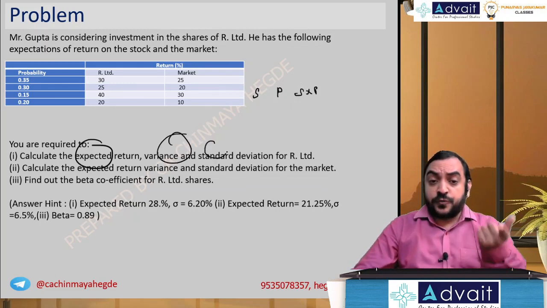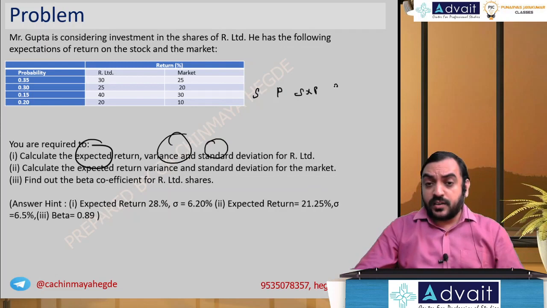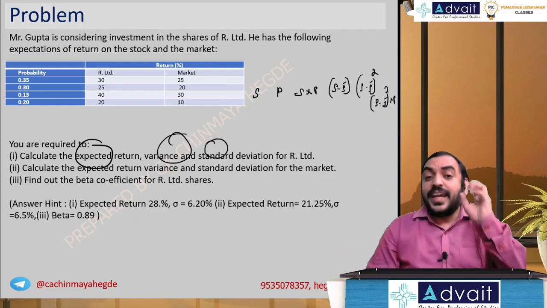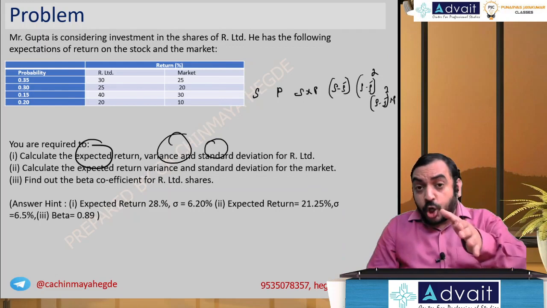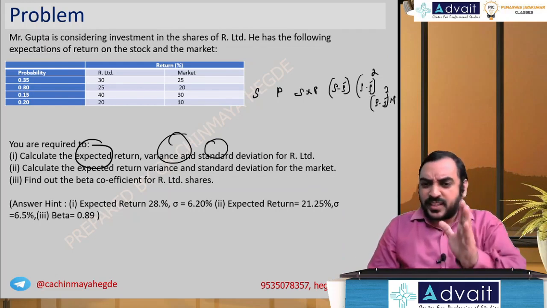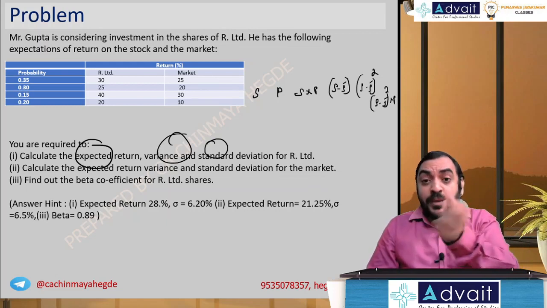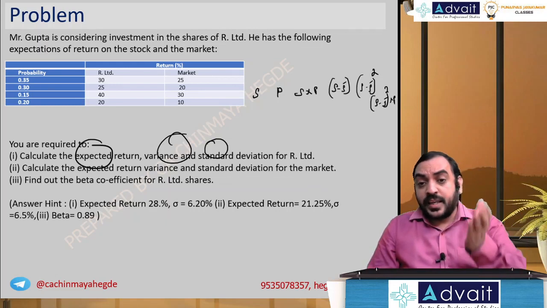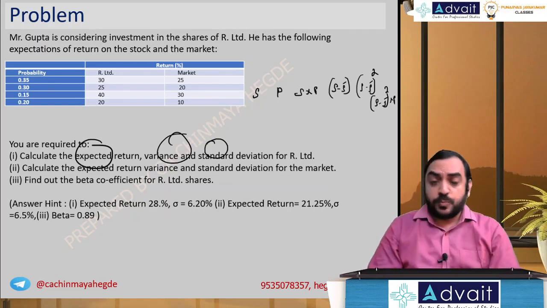For variance, for standard deviation, what do I require? S minus S bar, S minus S bar whole square, and then S minus S bar whole square multiplied by P. This is for security S. The same columns I repeat for market: M, probability same, M into P, M minus M bar, M minus M bar whole square, then M minus M bar whole square into probability.